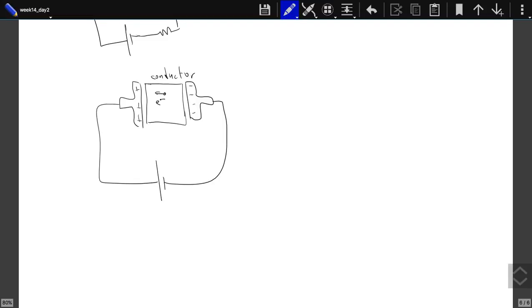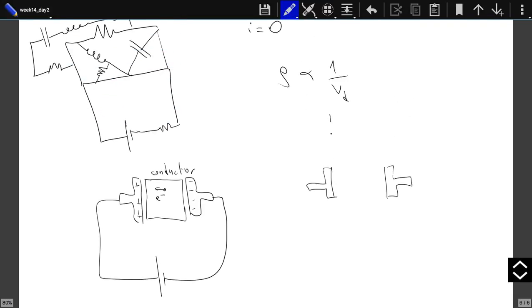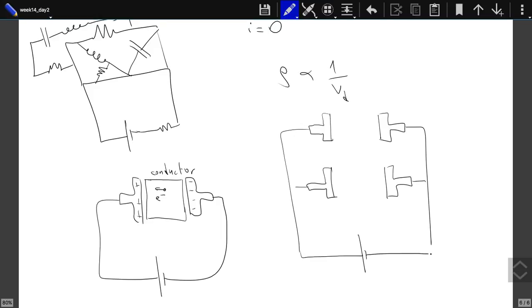Now let's imagine two of them. Let's say that VD on the lower one is almost infinite. The other one can have some value.